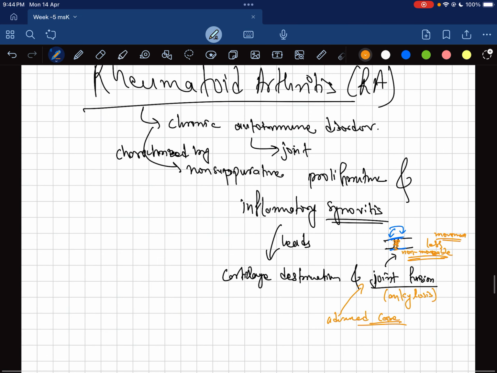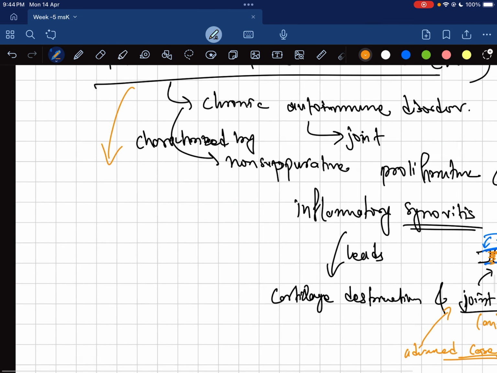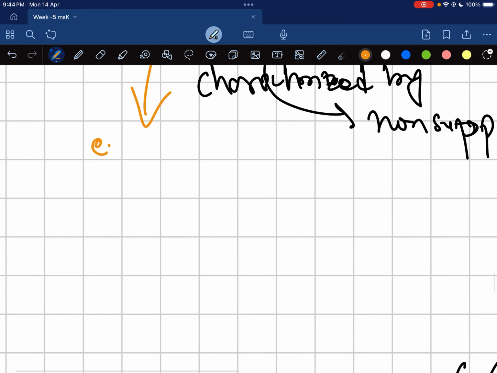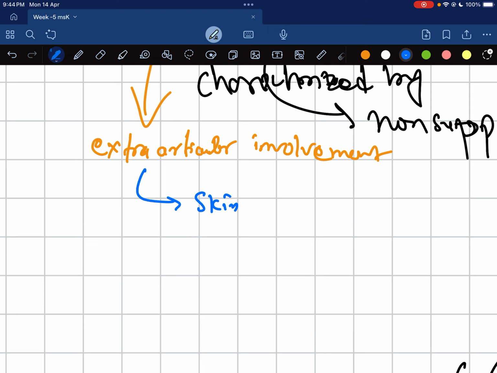The main focus is on the joint, but there is also extra-articular involvement. In extra-articular involvement, skin lesions occur, and the autoimmune process involves the heart, lungs, and vessels.